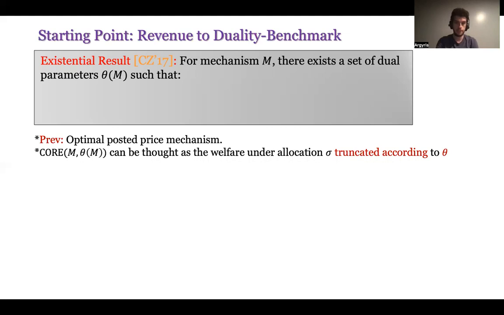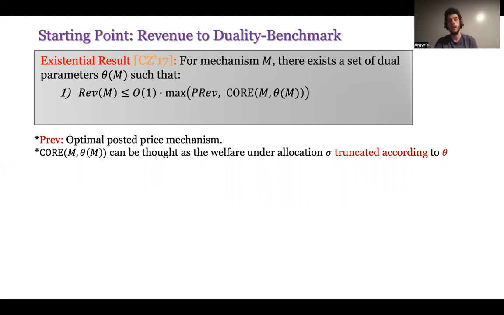More specifically, they showed that for a mechanism M, there exists a set of dual parameters theta such that the revenue of the mechanism M can be bounded by a constant times the revenue of the optimal positive price mechanism and a function of the mechanism and the dual parameters, the core.